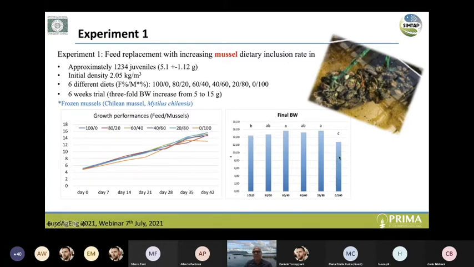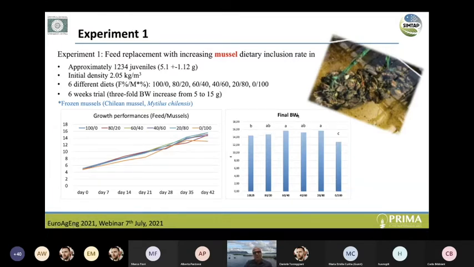But what is interesting in this graph is that when we used a mix of mussel and feed, the growth performance, so let's say the final body weight, was higher than in the 100% groups, both when we used only feed and only mussels. This can be something interesting to talk about, of course.